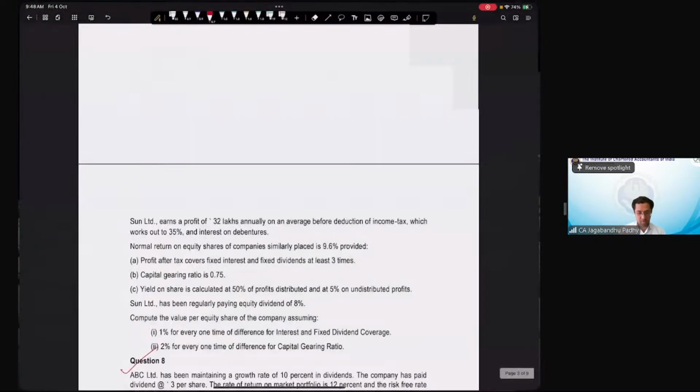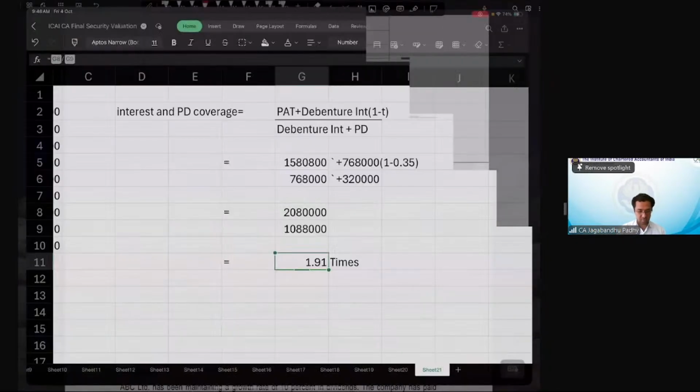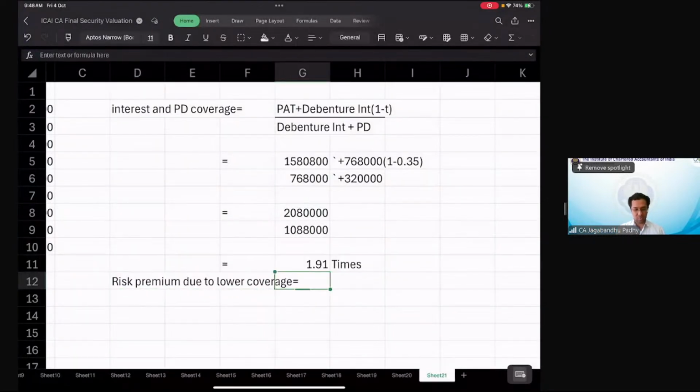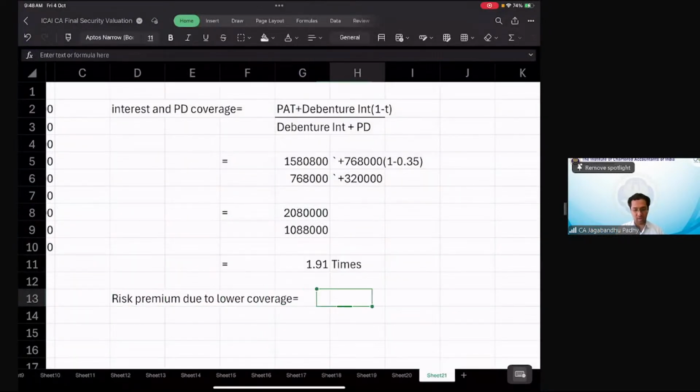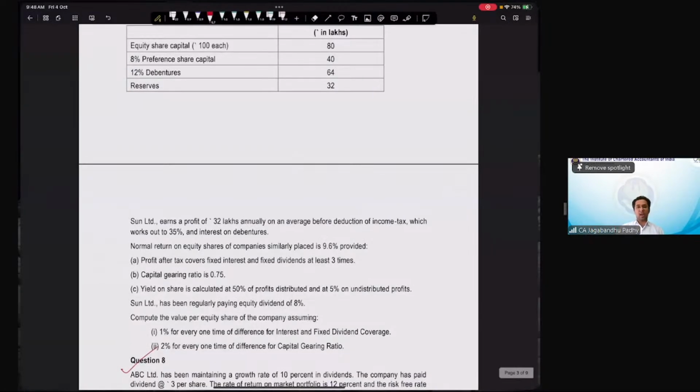We say it should be 1% for every 1 time of difference between interest and fixed thing. So what will be the risk premium due to the lower coverage? We wanted the coverage to be 3 times, but it is 1.91 in our case.